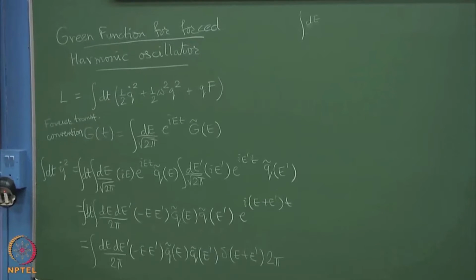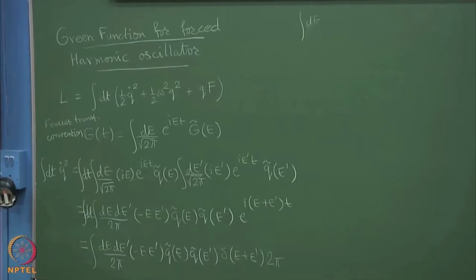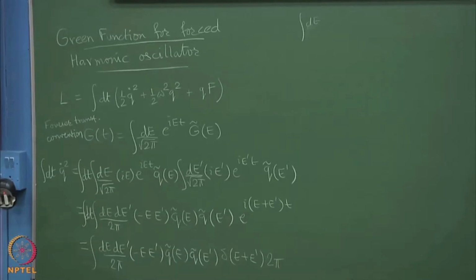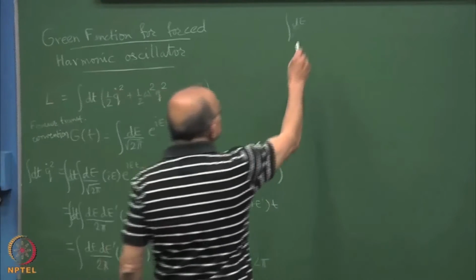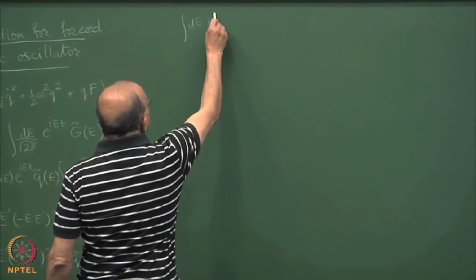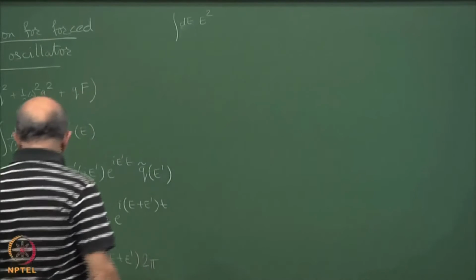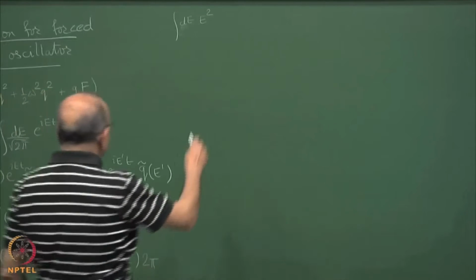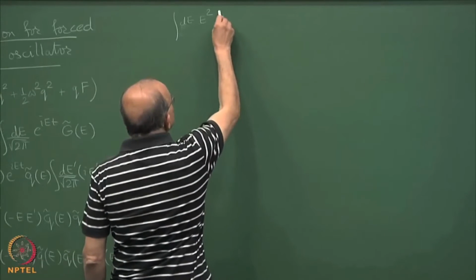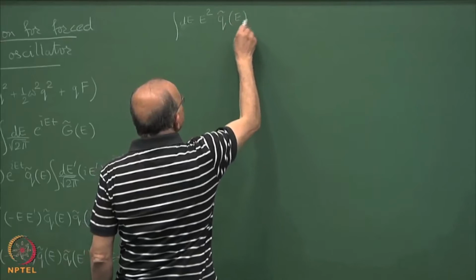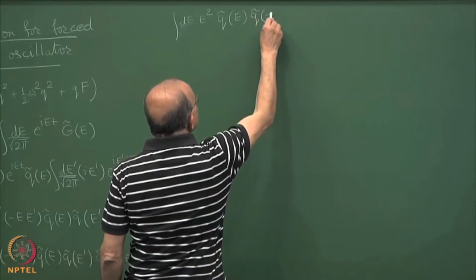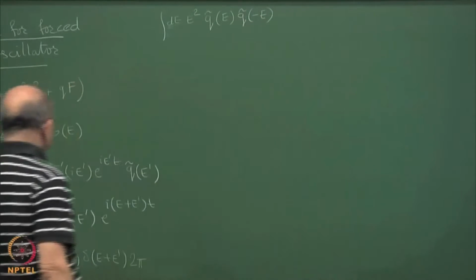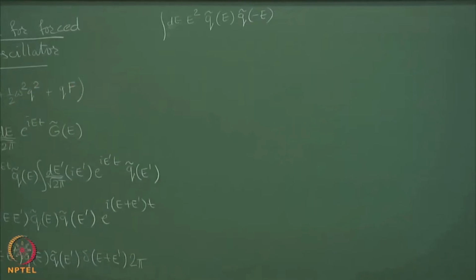And minus E squared times q tilde E q tilde minus E, and that's it.